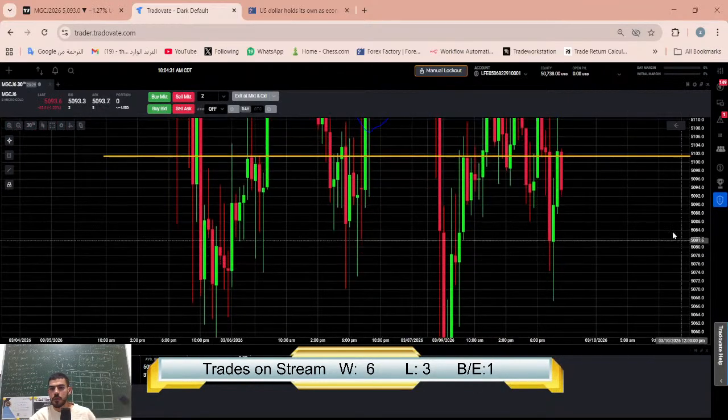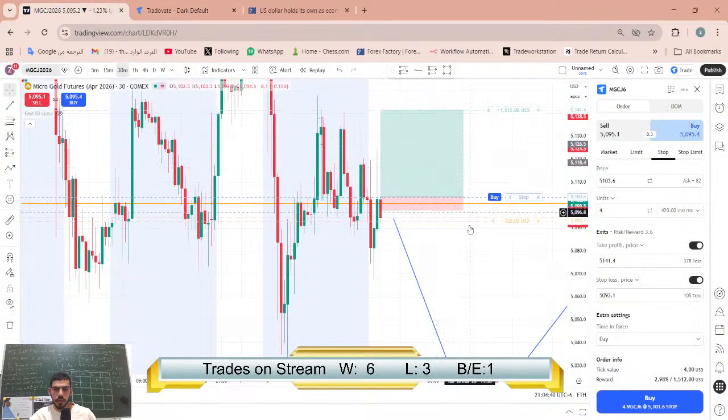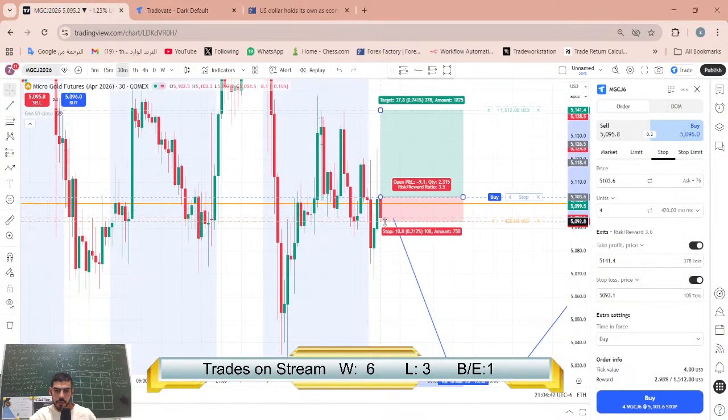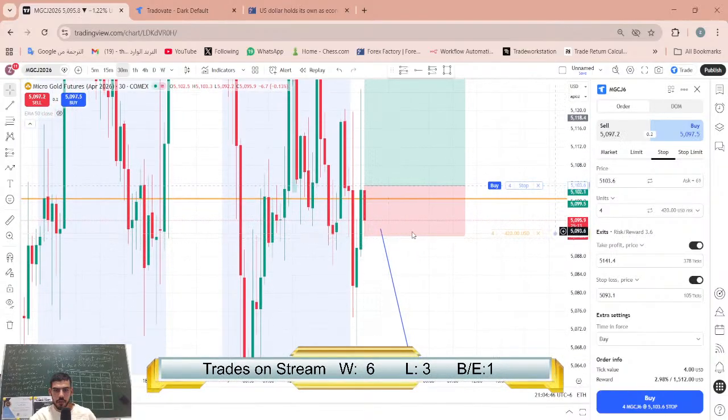Hmm. So if it broke this candle low, I'm going to not enter any buy or sell stops. I think this stop loss is about 100 pips, I believe. Yeah, 110 pips, the stop loss.